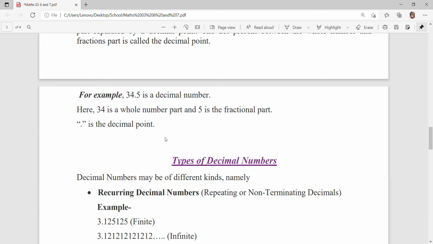In between there is a little longer line, and that line is known as 0.5. We call that the fractional part, and the point is considered the decimal point.